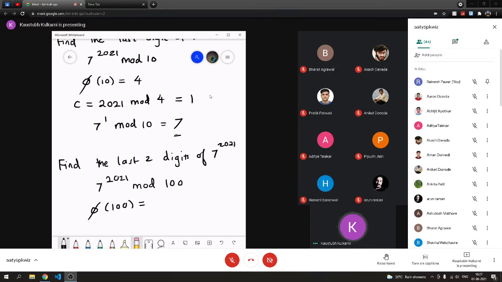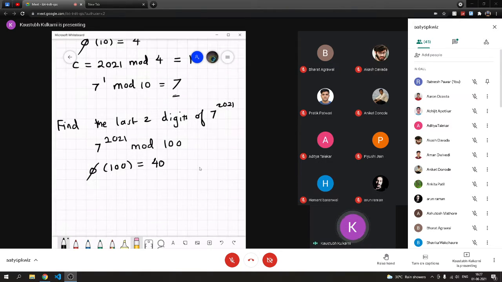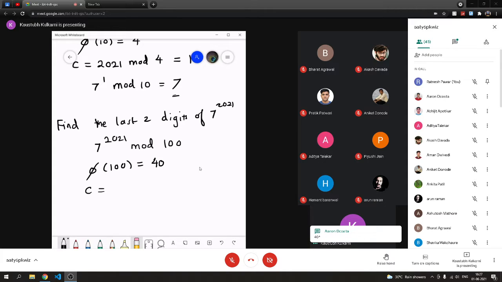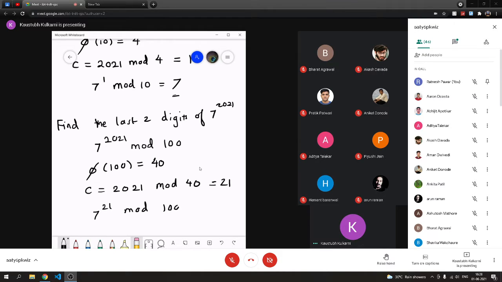We calculated it yesterday. Answer in the chat. 40, yes, correct. So phi of 100 is 40, and C is 2021 mod 40, which is 21. So the question gets simplified to 7 raised to 21 mod 100.